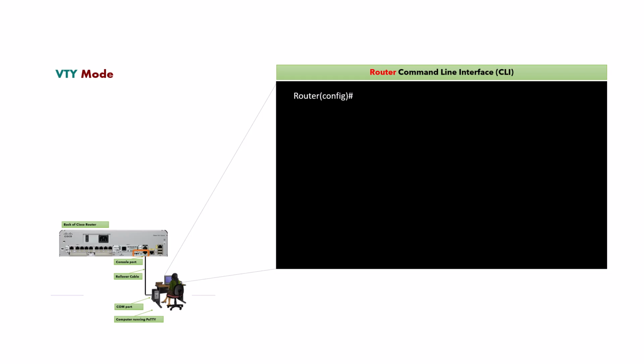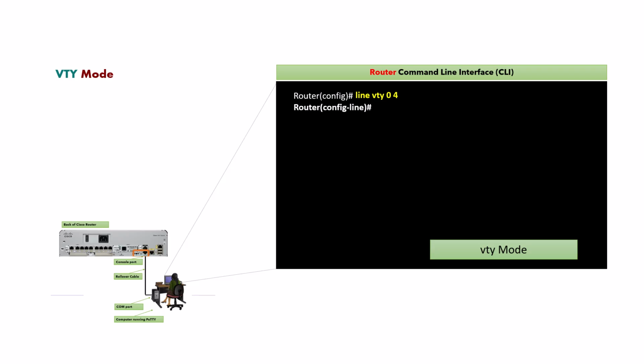To access virtual terminal mode of the router from global configuration mode, type line vty 0 4. Press enter. The prompt for VTY is Router(config-line)#.